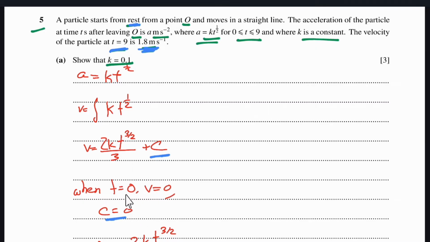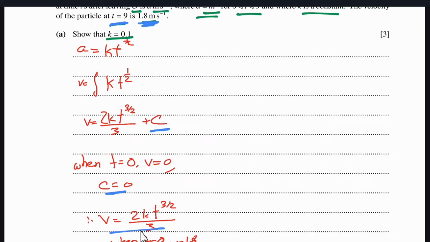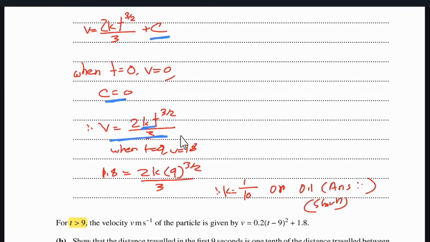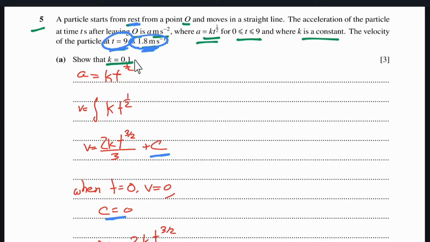Then we get the expression of v. Then in the expression of v, we just substitute the value of t and v to find the value of k. After substituting, we get the value of k as 1/10 or 0.1, as shown. That is given in the question.